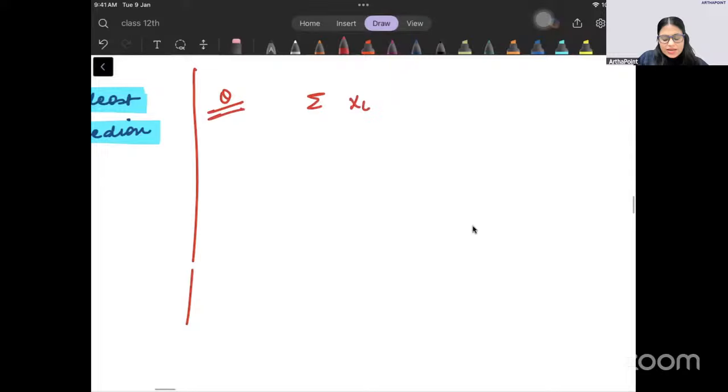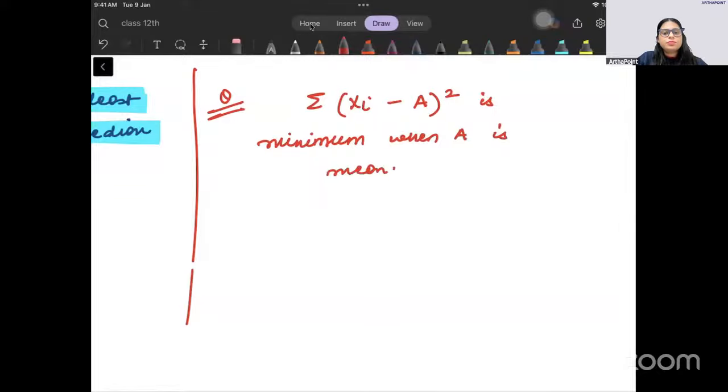Okay, tell me if this is true or false. Summation (xi minus a) whole square is minimum when a is mean. Good.